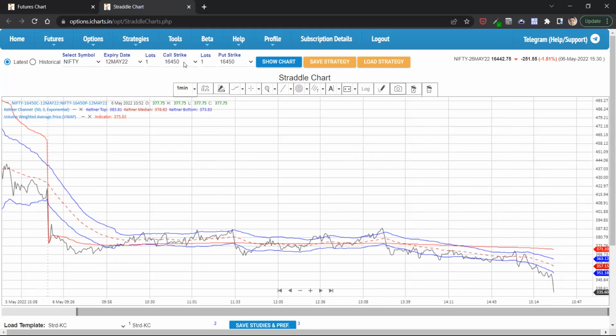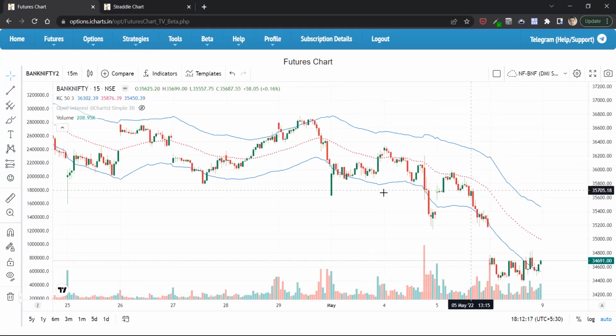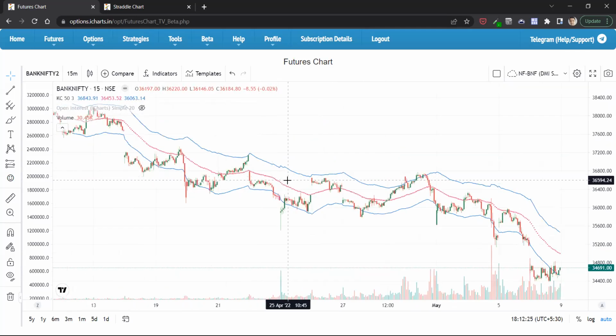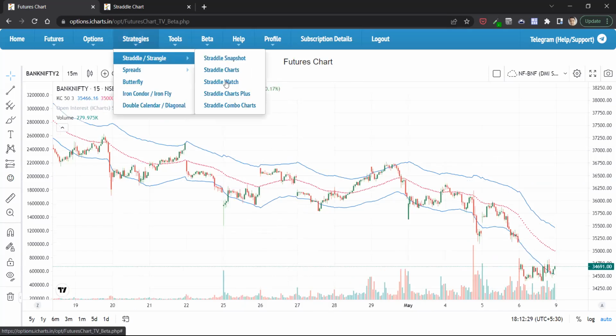Not possible. This is very limited. Even when we move to TradingView charts, there is no way to display that. We just need the price of the call and put going on at present. That is possible only in Straddle Watch. In this, it is possible.